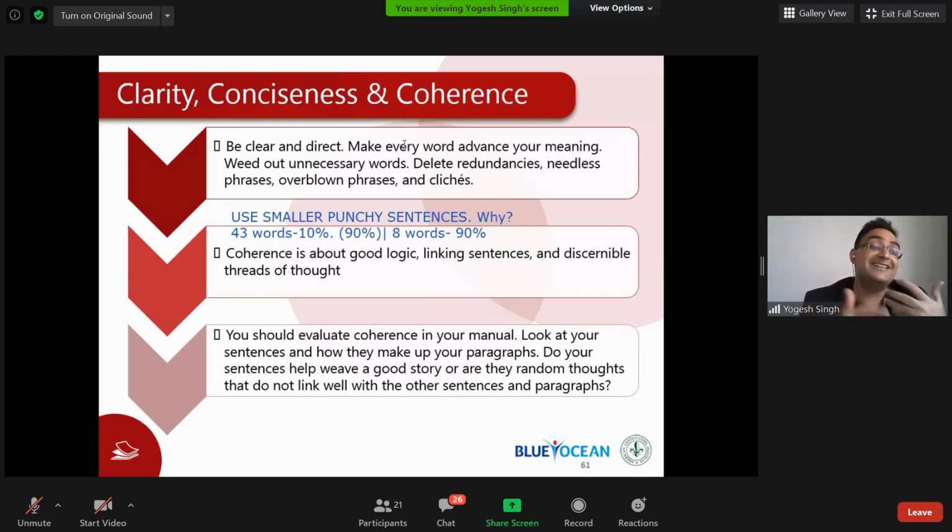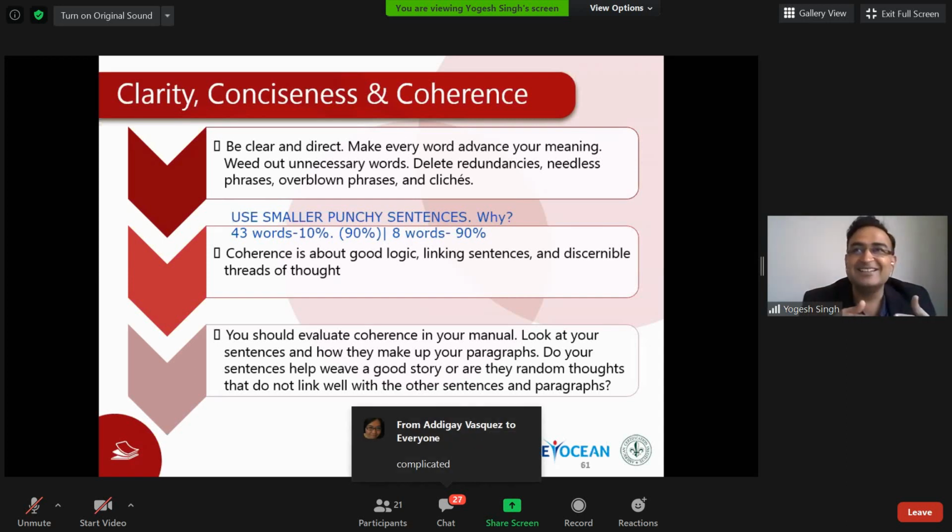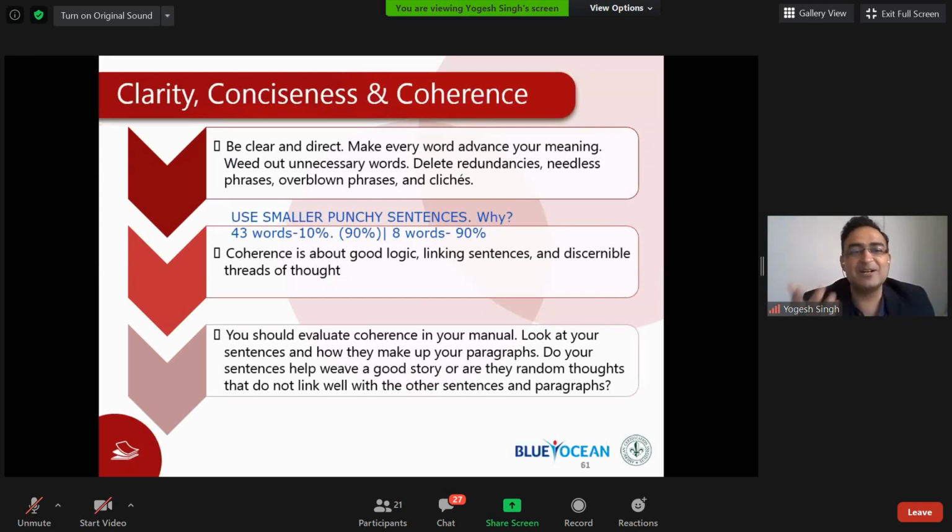But I said it in a more complicated, eloquent way. They will read this sentence, they will not understand what the hell I'm talking about. It becomes unnecessarily complicated. So don't do that, guys. Make it simple. Okay. So that's what I mean by clarity.